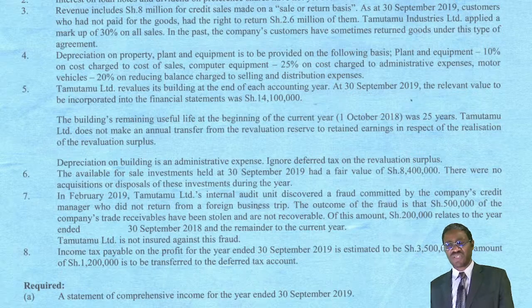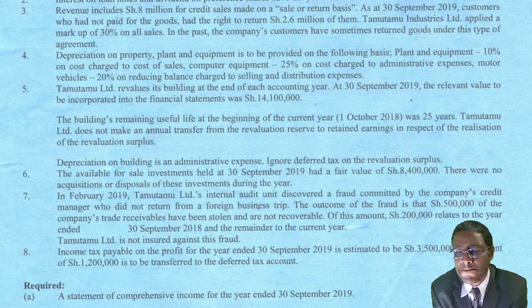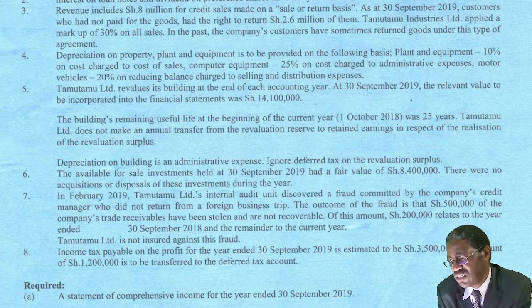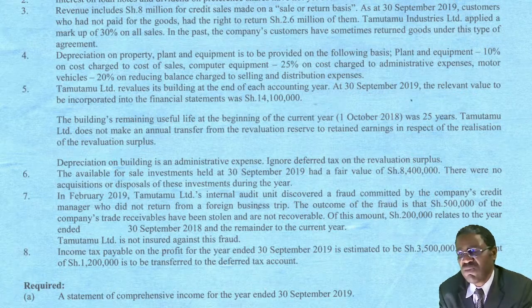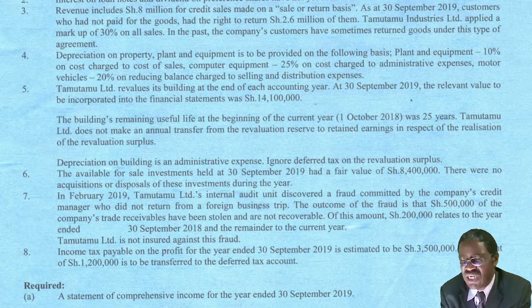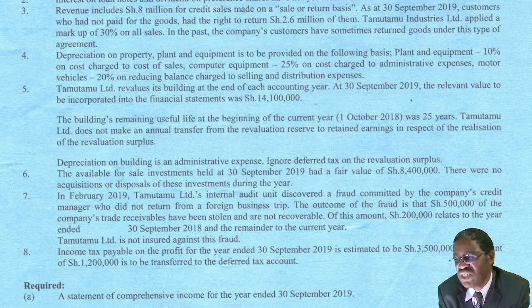After note number 6, we go to number 7 now. Number 7 says, in February 2019, Tamtam Limited's internal audit discovered a fraud committed by the company's credit manager, who did not return from a foreign business trip.